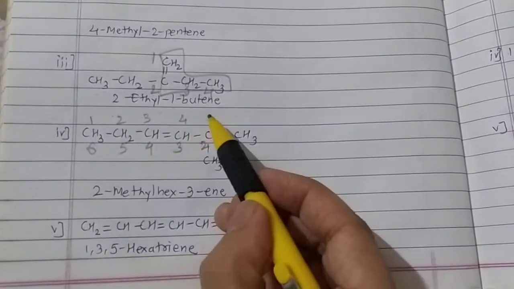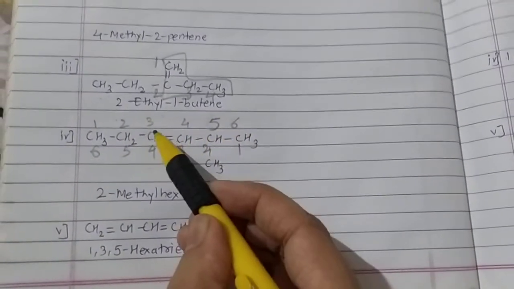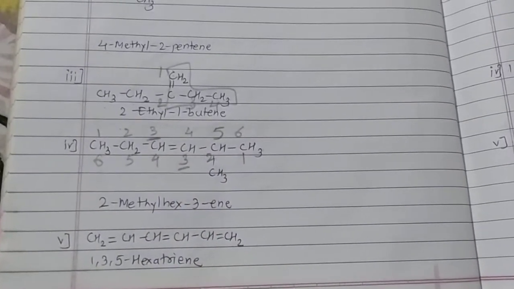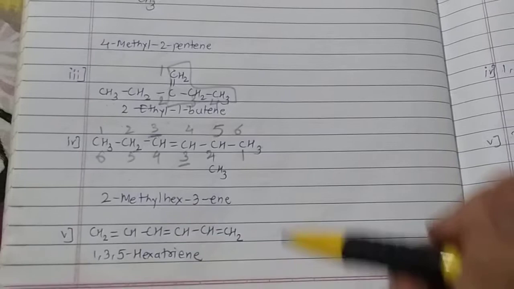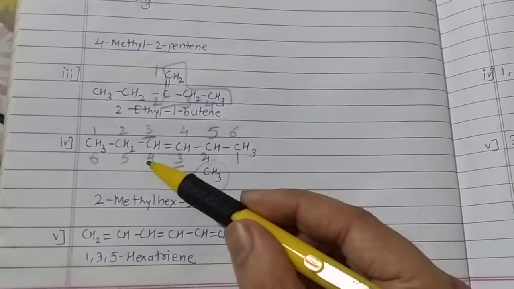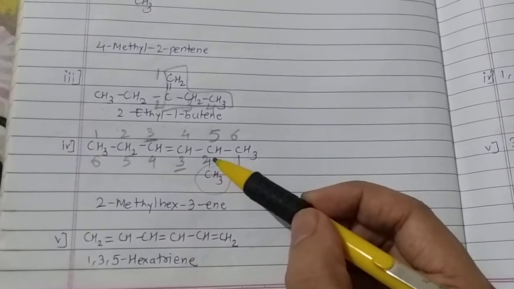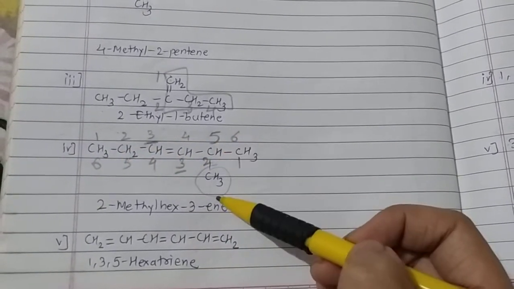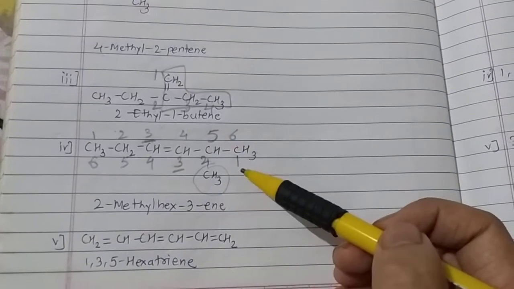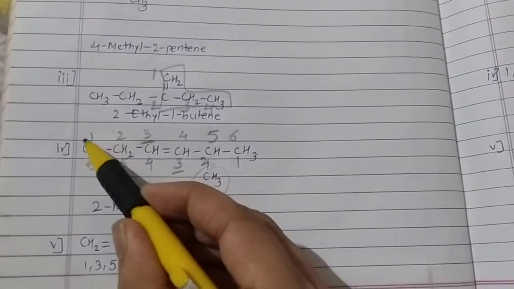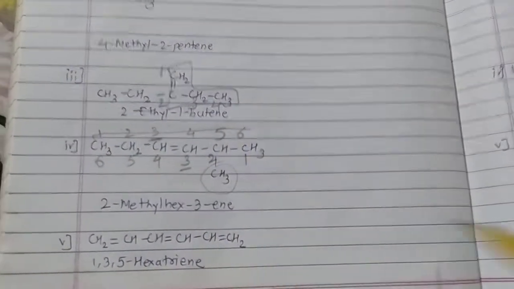From left to right, double bond comes on 3rd carbon, and from right to left again it comes on 3rd carbon. But what is the difference? This CH3 group from right to left is near, that is in second position, and if we number from left to right, it will come on 5th position. Okay, so we have to number from right to left.